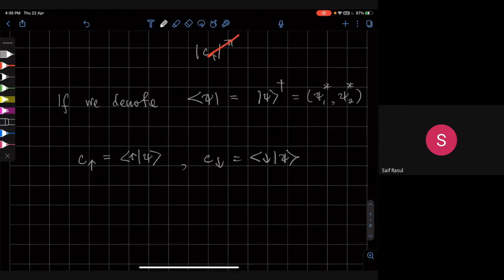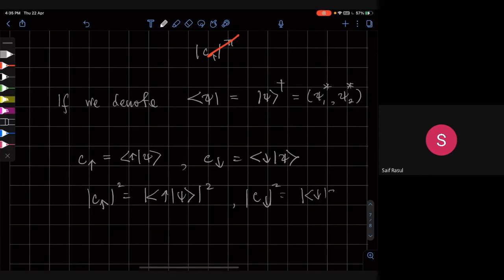And therefore C up squared is this, and C down squared is this. This is like taking a dot product with a basis vector, right? Yeah, exactly. That is exactly what it is.